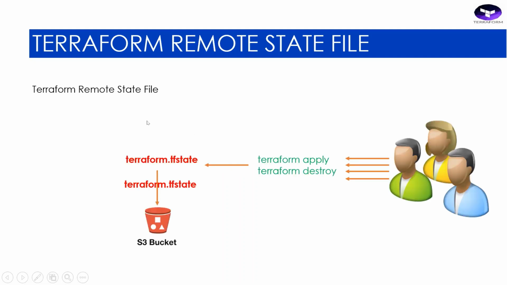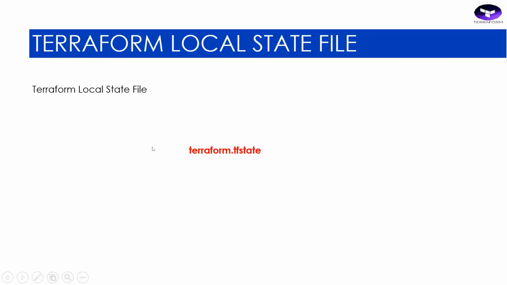After that you can store it, but this has some disadvantages. If you have a team and multiple people are working on the same executions, there is a possibility that one person is trying to create while another is doing destroy, and with such a common state file there is a possibility of mismatch. So this is not a recommended way if more than one person on your team is working on Terraform executions.